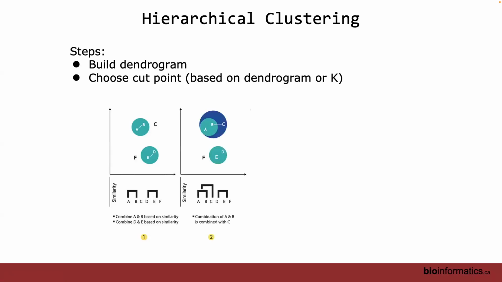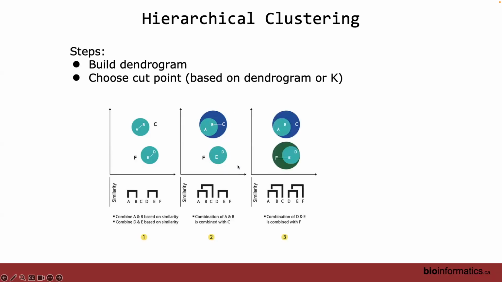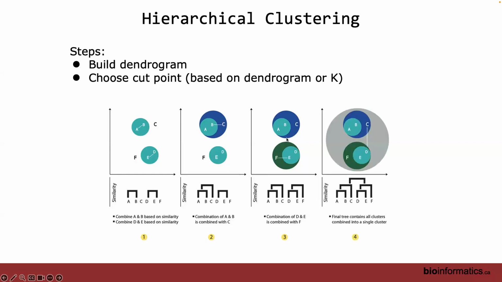Then you take the group and you connect it to the closest sample, the sample that it's closest to. So now you have drawn a connection between the AB group and C, and DE is still sitting there. Then you find that F is closest to DE, so you connect DE and F together. And then finally, you put all of it under one umbrella.